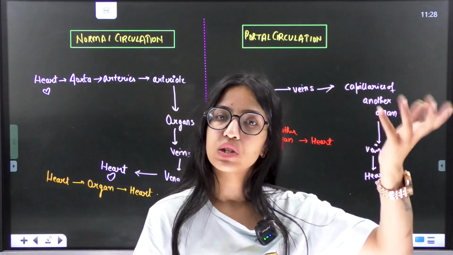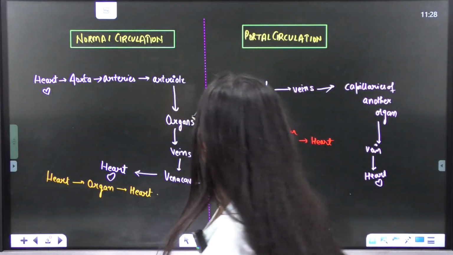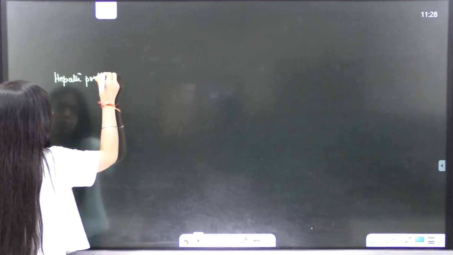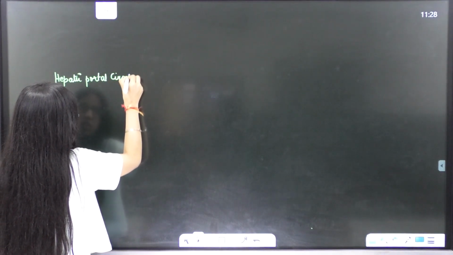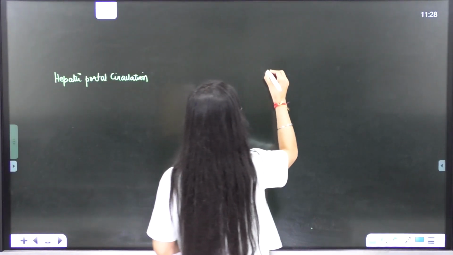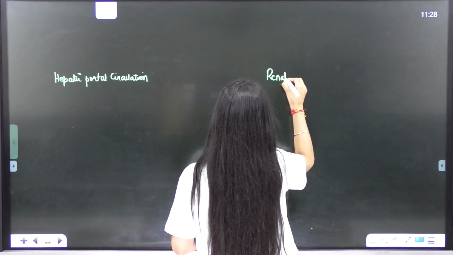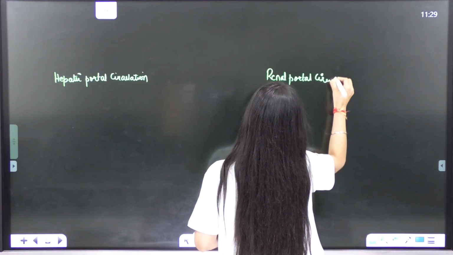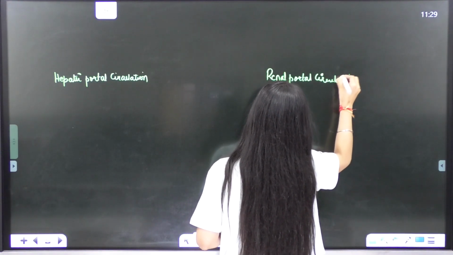Okay, so we have to learn the two portal circulations that are present in frog. One, hepatic portal circulation, and the other, renal portal circulation, right?